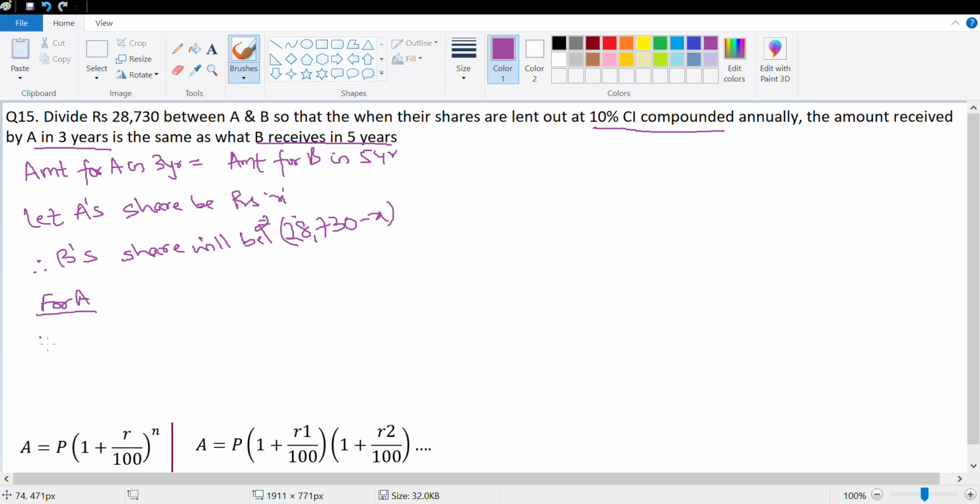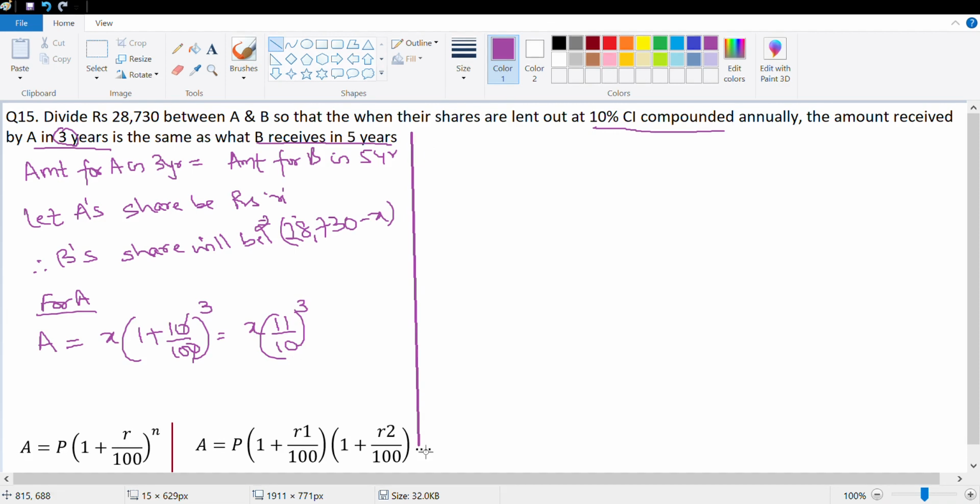So for A, amount in 3 years will be equal to principal, which is X, times 1 plus R, in this case 10 upon 100, and for him the time is 3 years. That's cube. So that's equal to X times 11 upon 10 cube. Perfect.